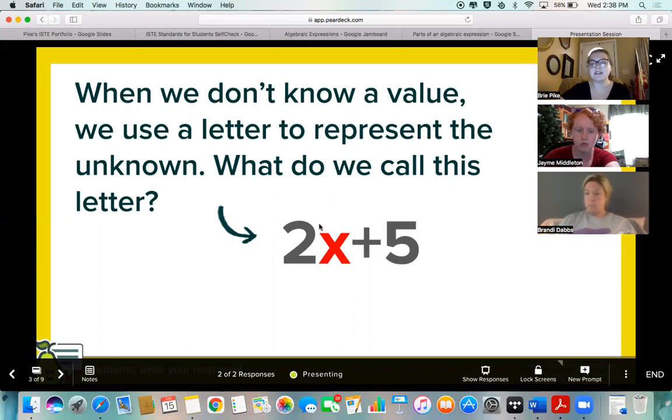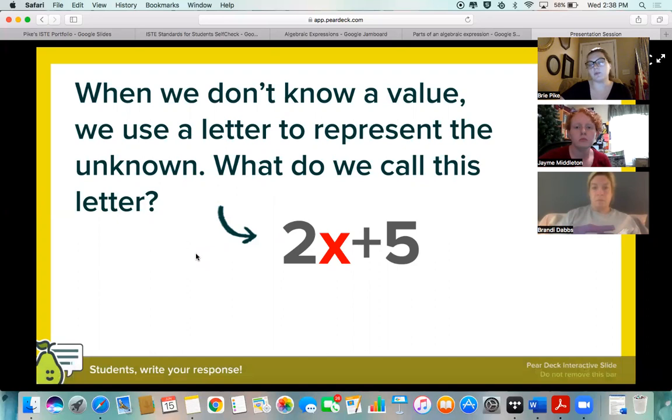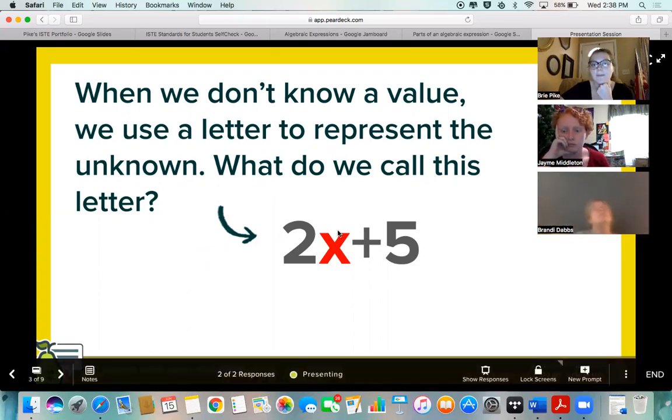You can even use a symbol, but most of the time we're going to stick to using letters, right? So sometimes in a problem, they say, I bought 2 bunches of bananas, and we want to find out how many is in a bunch, and they might use a B as their variable instead of an x.